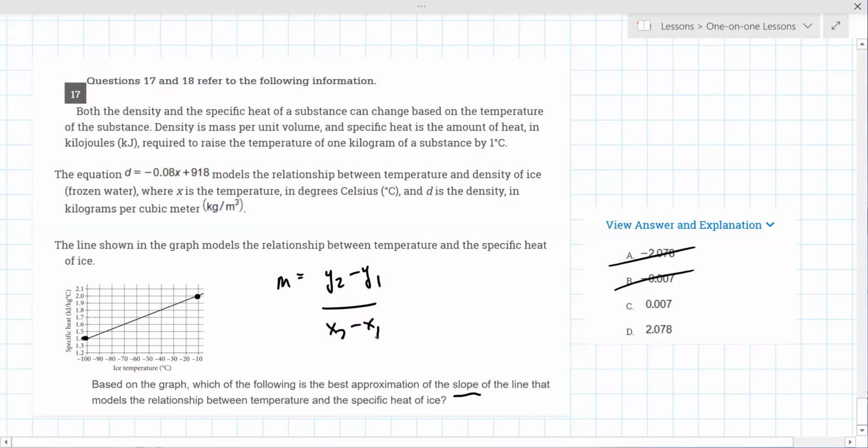So the y2, is it 1.9 or 2 that you chose? 2, I think. So 2 minus 1.4 over negative 10 plus negative 100.